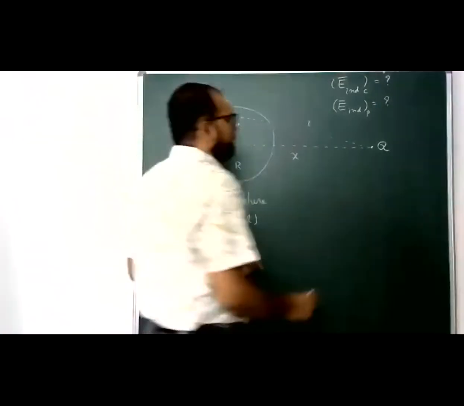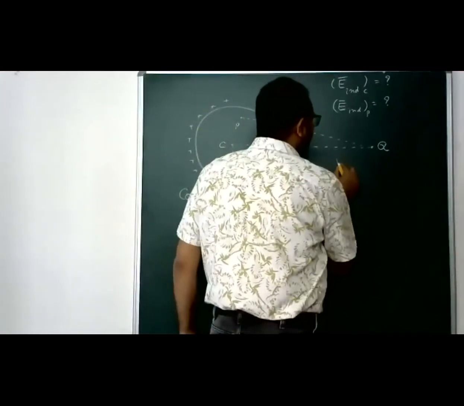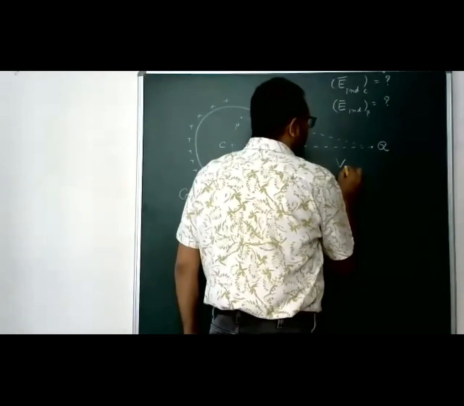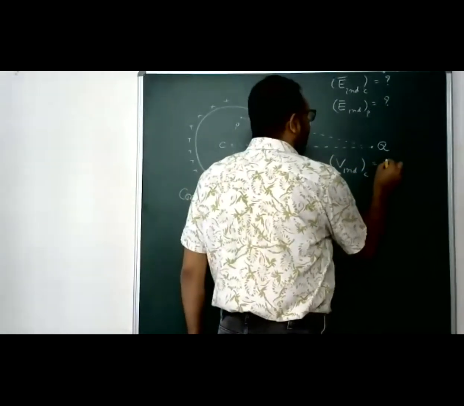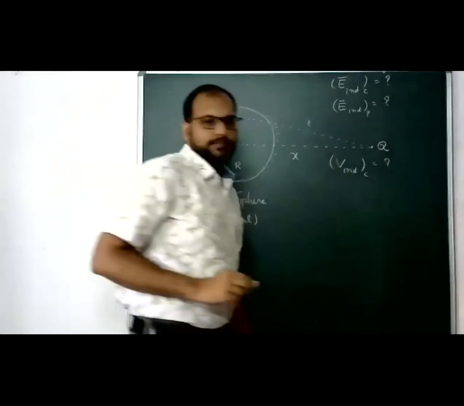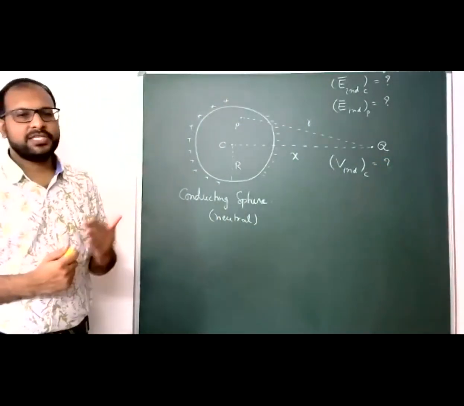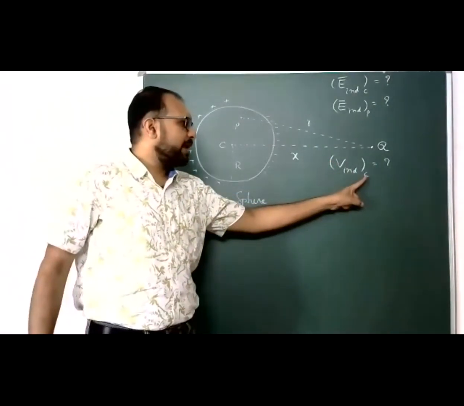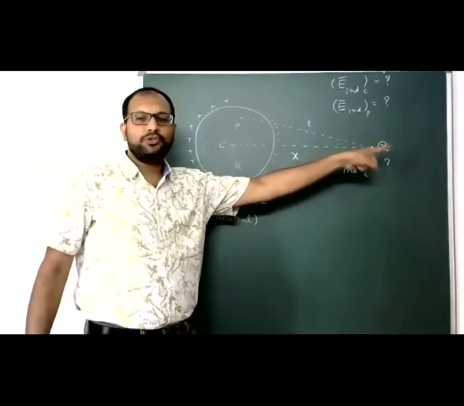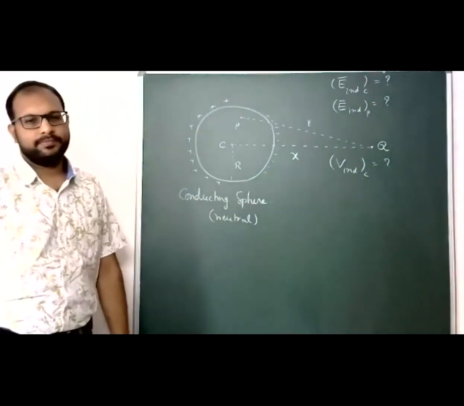Next problem. Find the potential due to induced charges at point C and another point later. First, students, find the potential at point C due to only induced charges. That is the question.